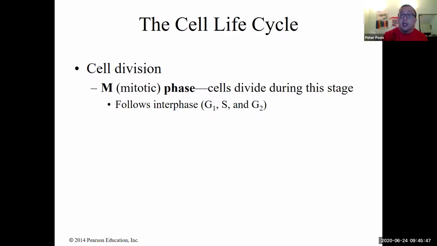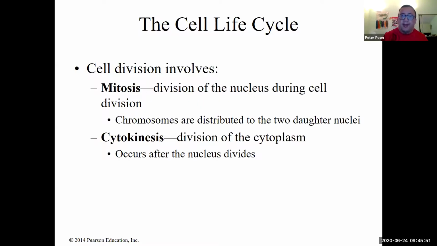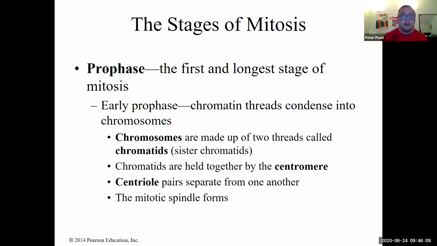Mitosis is one part of the mitotic phase. The mitotic phase splits into mitosis, which is the division of the nucleus, and cytokinesis, which is the division of the cytoplasm.